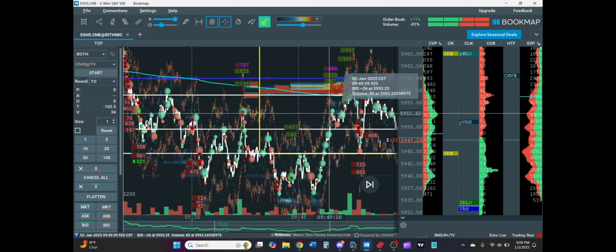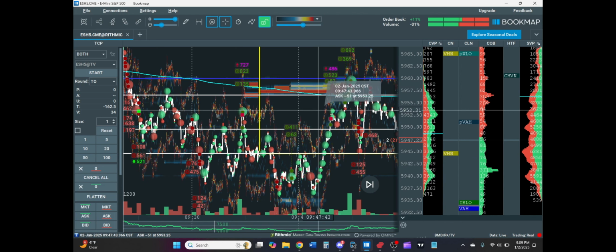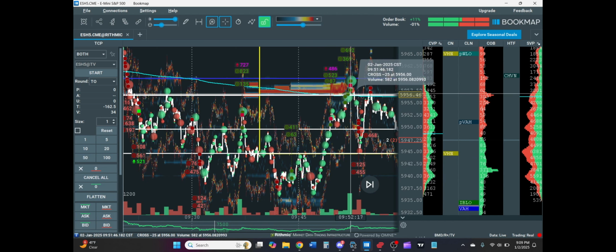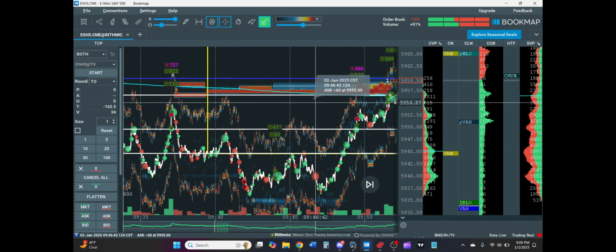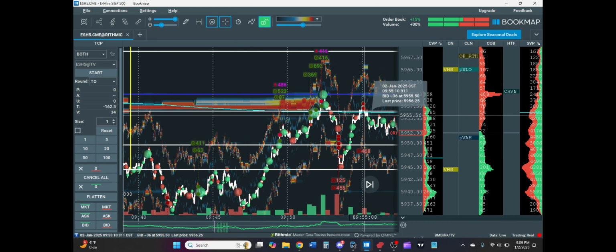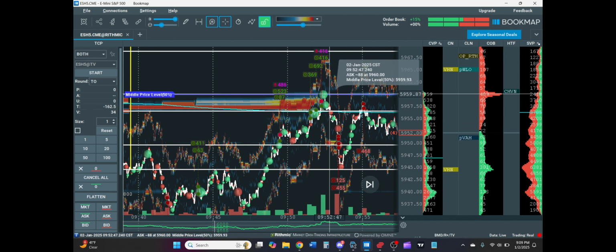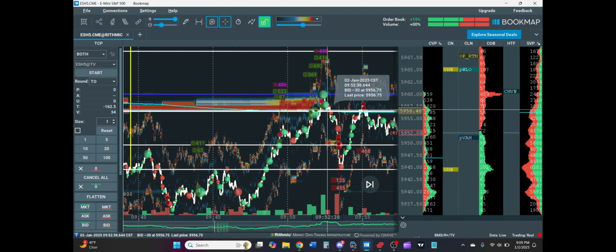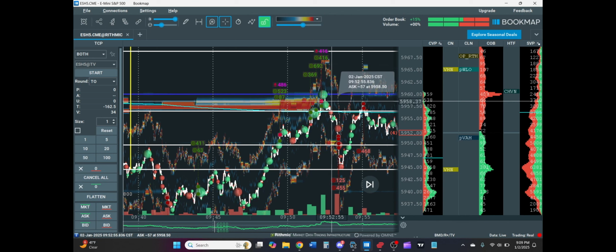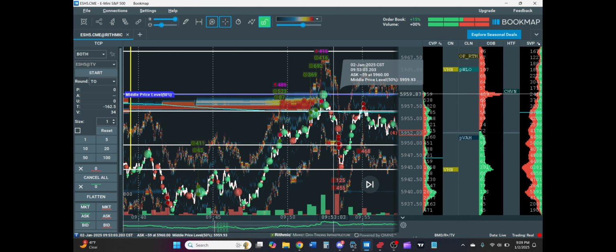VPOC migration. So here we have another VWAP to VPOC. So that would have been a good one. Not a trade recommendation, but kind of broke through to the mid. So depending on your trade plan, that might have been a stop.